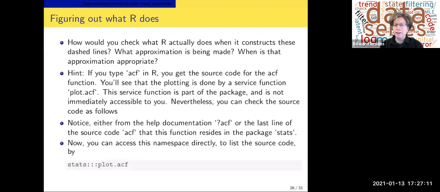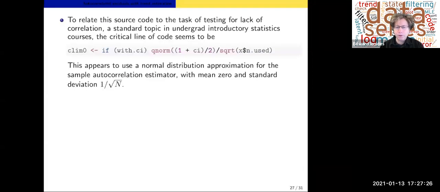The way you do that in R is by this triple colon. If you do stats:::plot.acf, you'll find the source code for that plot, and then you can find what R is actually doing. If you go through that source code, the critical line is, I think, this line I've copied out for you here.